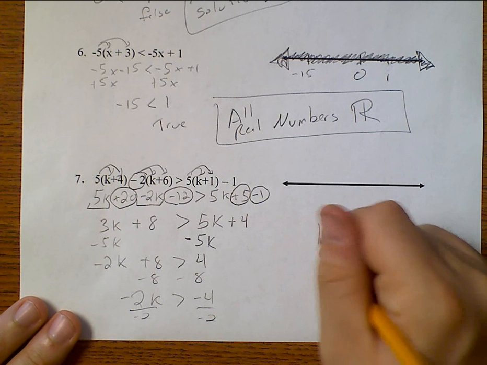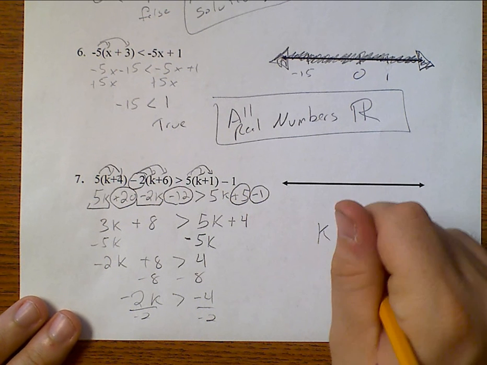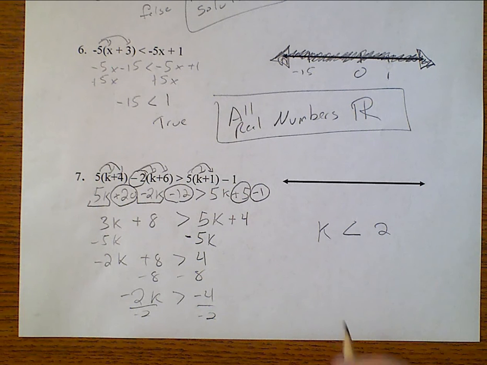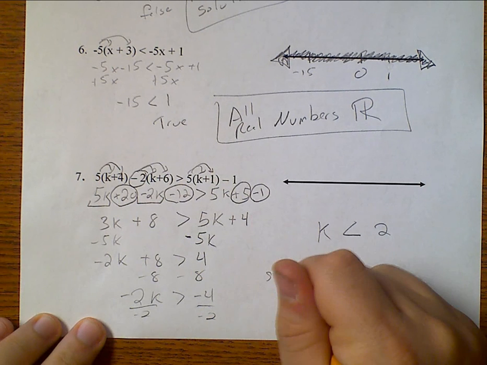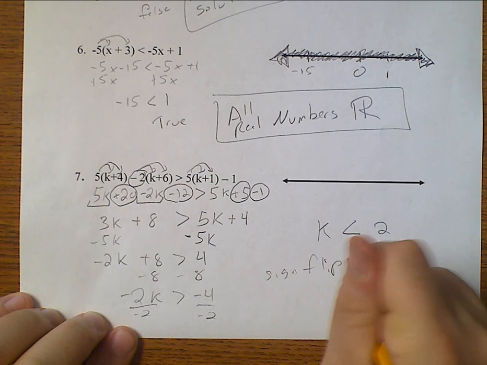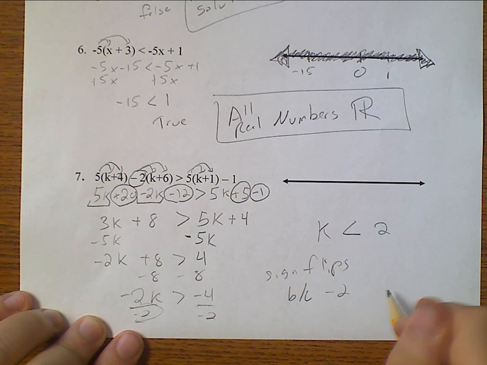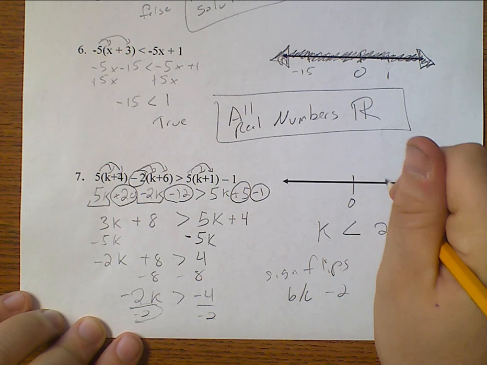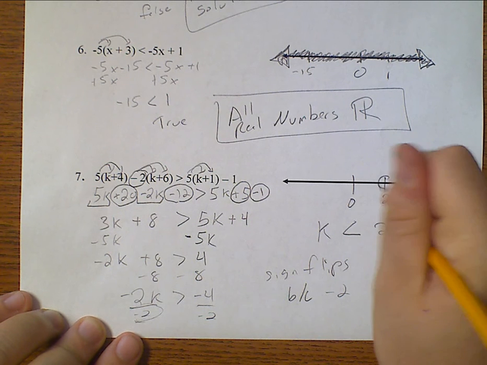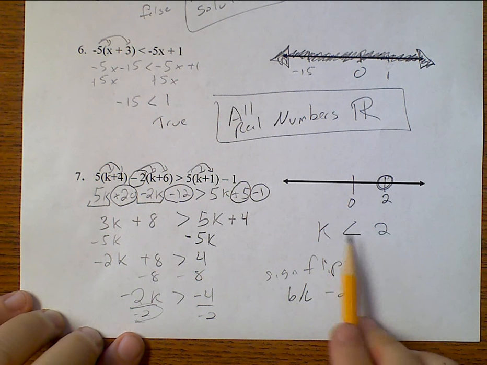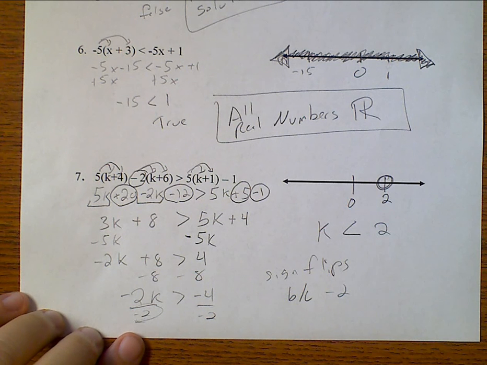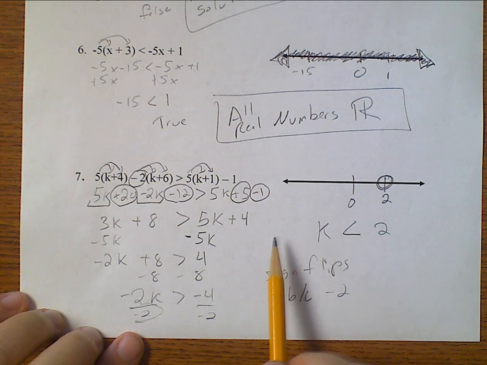I get k less than 2, and my sign has to flip. And it flips because of the negative 2. So I'm going to put 0 and 2. Open circle because it is less than. And then I need to shade to the left.